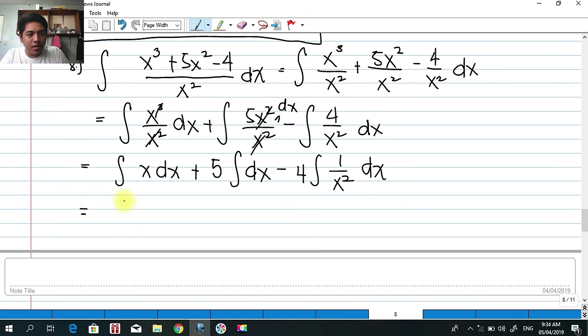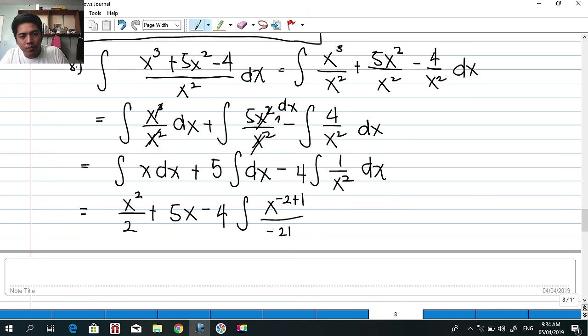So the integral of x dx should be x squared over 2, plus 5 times the integral of dx, that is simply x, minus 4 times the integral of x to the negative 2, which is x to the negative 2 plus 1 over negative 2 plus 1. We bring up the function so that it has a negative exponent and apply the power formula, plus c.